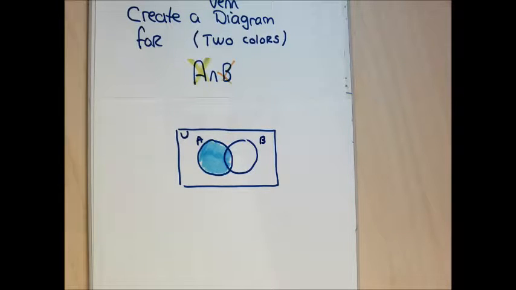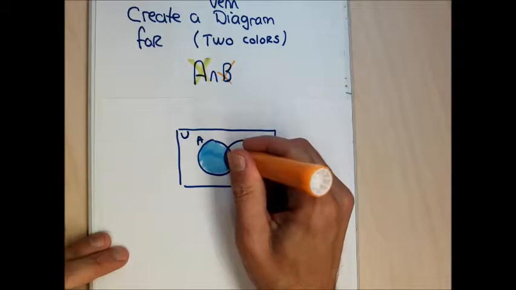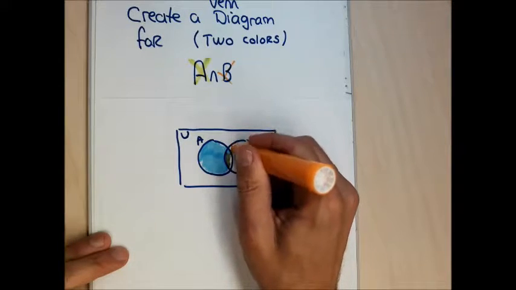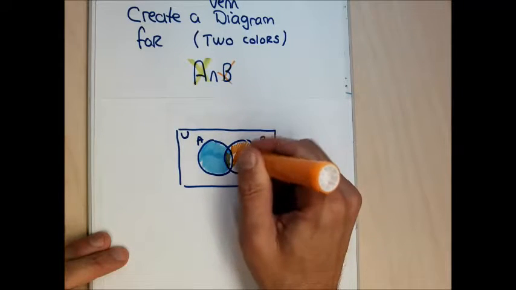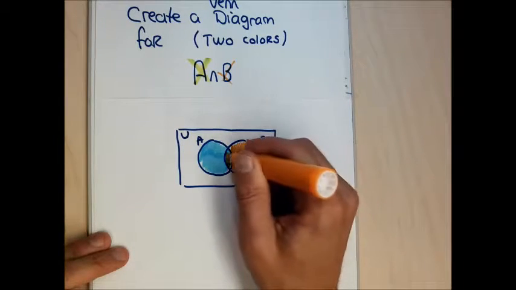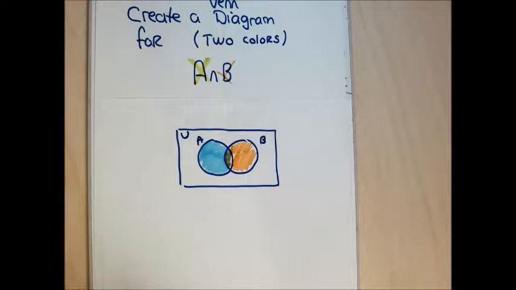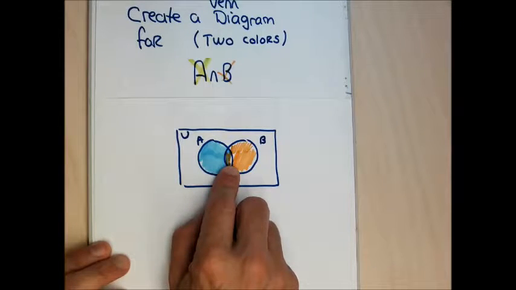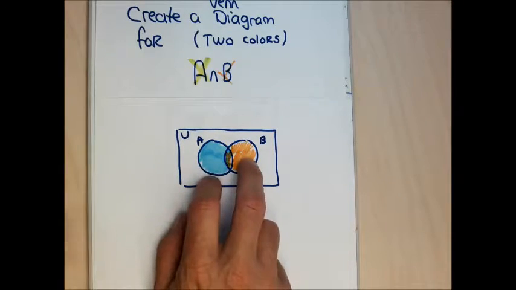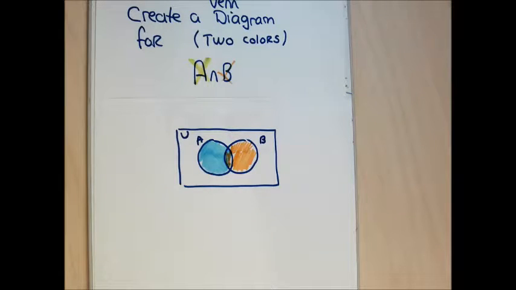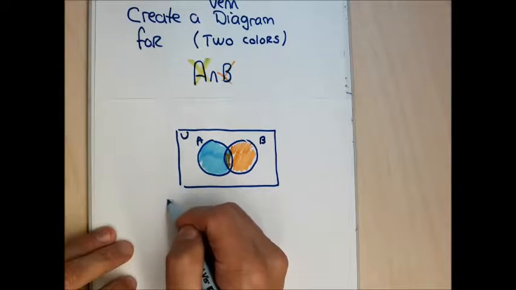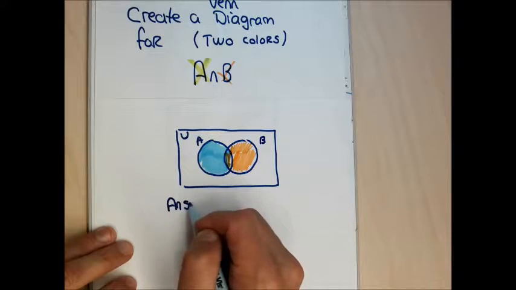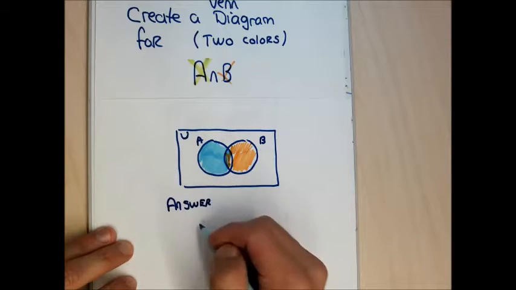To it, I'm going to try to add the set B, which I'm going to try to do in orange again. And the intersection of A and B is where the different color shadings overlap. It's where my blue and my orange shading overlap. So this is kind of a temporary Venn diagram to help me get my answer, but it's not the answer. This doesn't only have A intersection B highlighted.